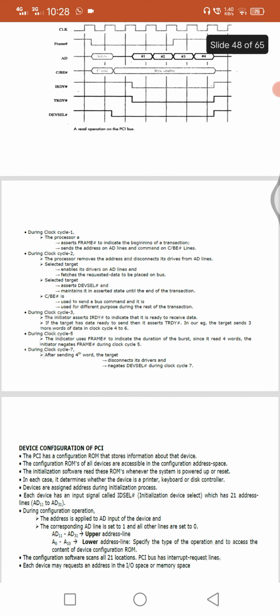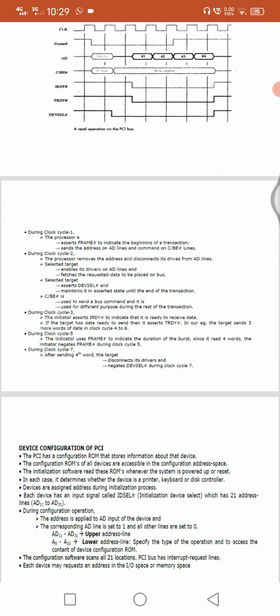After identifying the address, we need to fetch the data at that address. The selected target asserts DEVSEL and maintains it in an asserted state until the end of the transaction, until the transaction is completed.